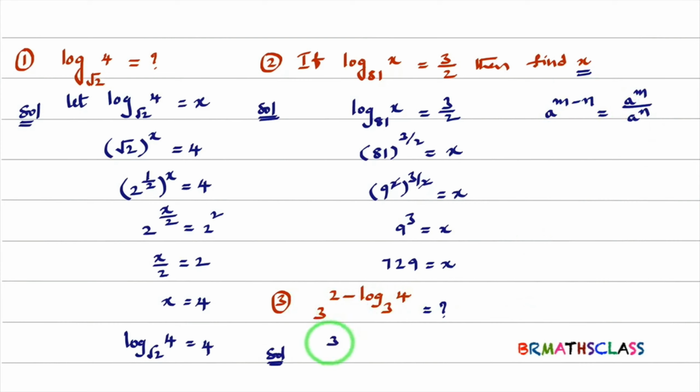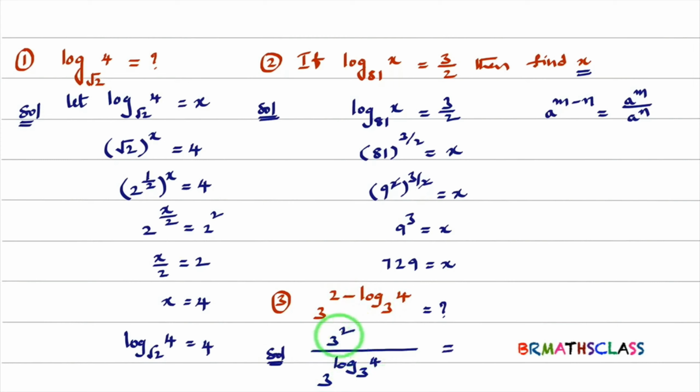So this can be written as 3 power 2 divided by 3 power log 4 base 3. Please try to understand.